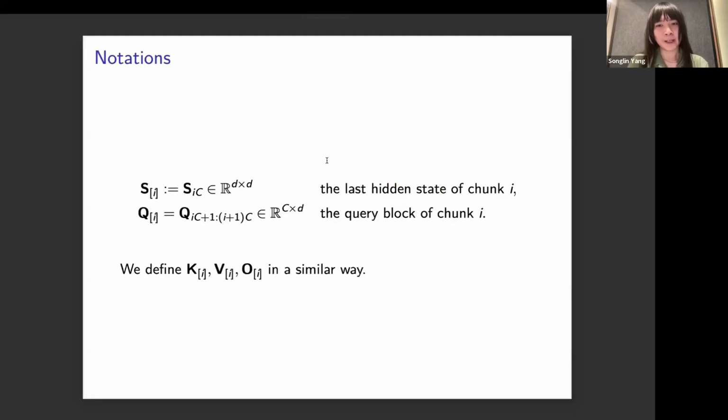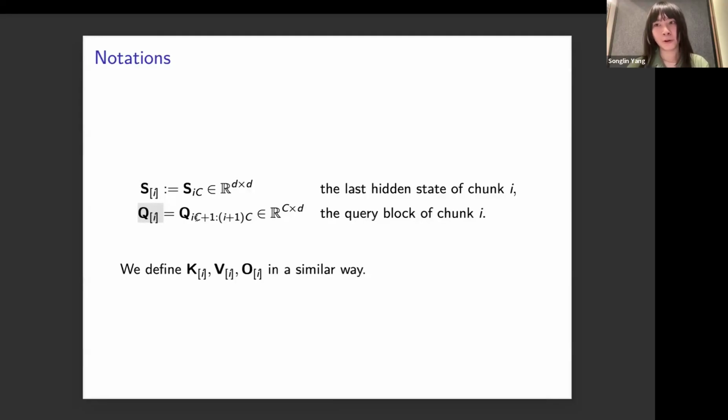And then before we expand it, I want to introduce several notations. Here we have a notation to denote the last hidden state of trunk i. Recall that the trunk size is C, and for trunk i, its last hidden state index is iC. So we use this to denote the last recurrent hidden state for the i-th trunk. Here we use another notation to denote the query submatrix corresponding to this trunk.